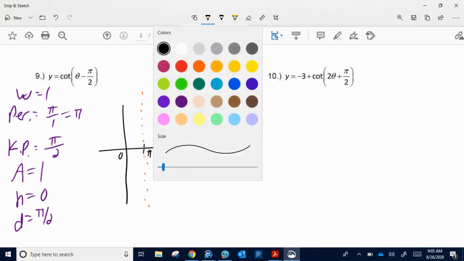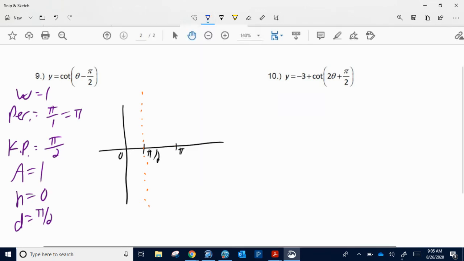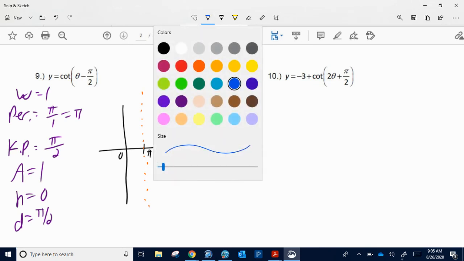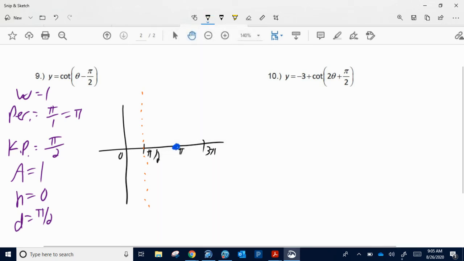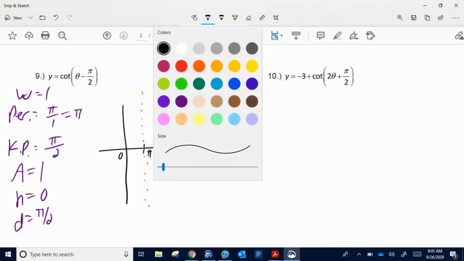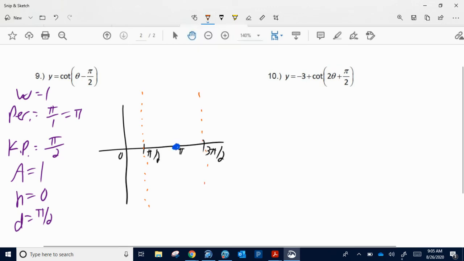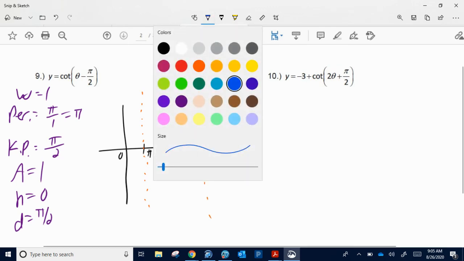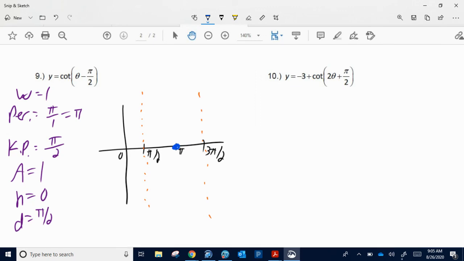That is the point for a cotangent problem, and it's at the vertical shift of 0. Move forward another pi over 2 to get our second asymptote. Cotangent decreases. We hug the asymptote on the left, dive across the middle, hug the asymptote on the right.